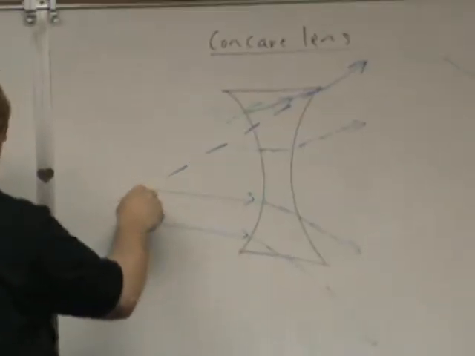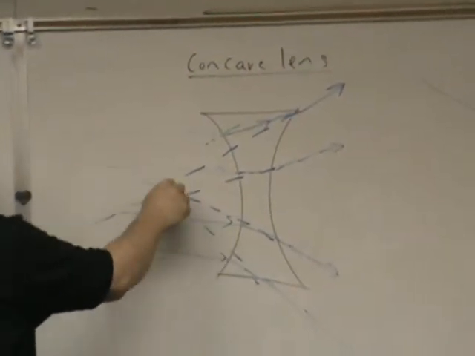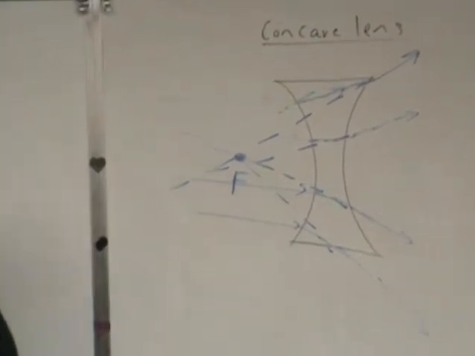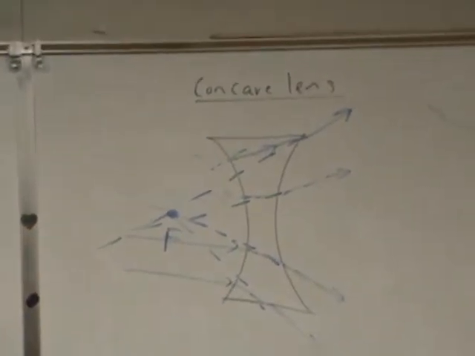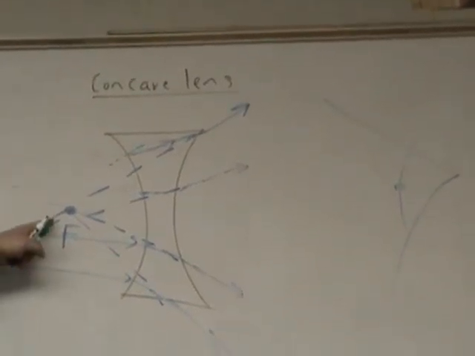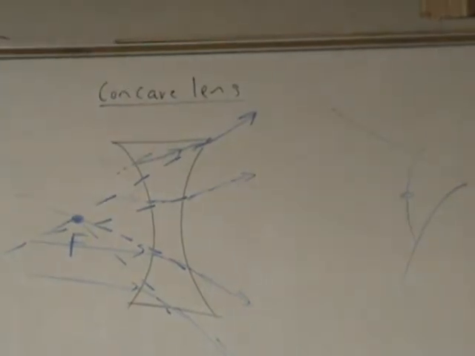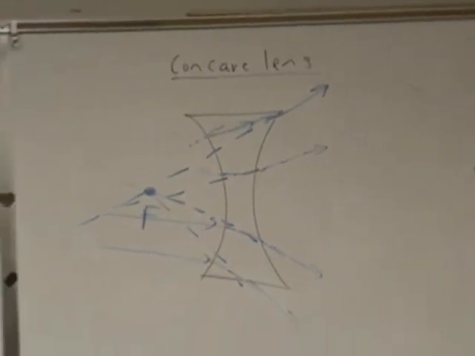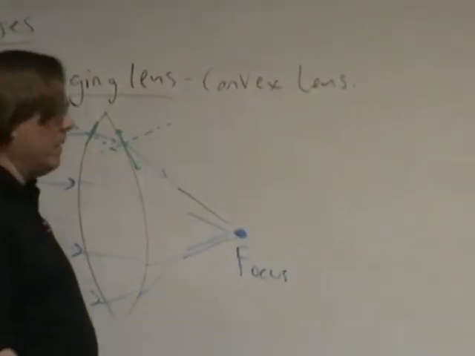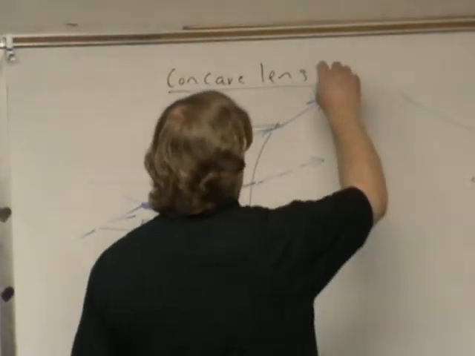So you would go back like this, and like this, and like this, and like this, and now you've got your focus right there. But tell me, what kind of image am I getting here? Virtual image, because these aren't real light rays coming together to make that image. Whereas here, I'm getting a real image, real light rays coming together to make that image. So yeah, the concave lens is a diverging lens.